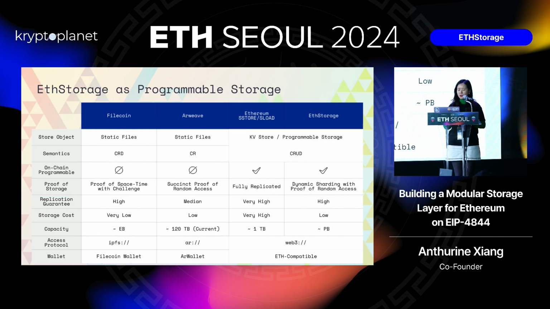All the tools you use in the Ethereum ecosystem can be easily used with us, for example MetaMask. There's no need to study another wallet, another coding language or any other tools. As long as you're familiar with the Ethereum ecosystem, you can easily use ETHStorage. That lowers the learning curve for all developers.